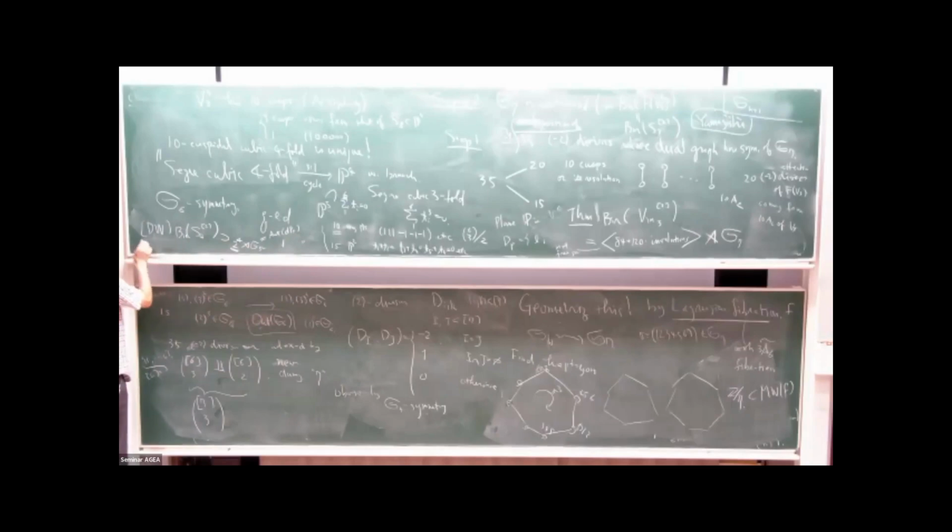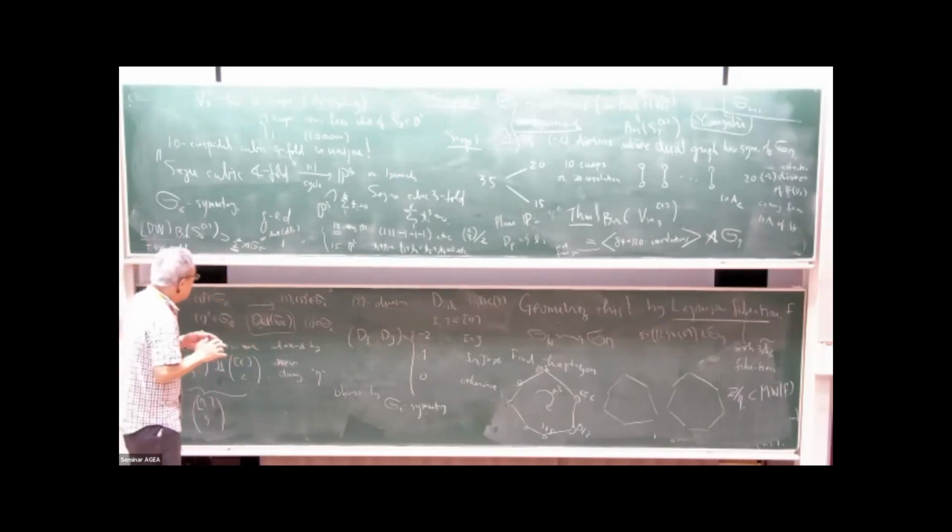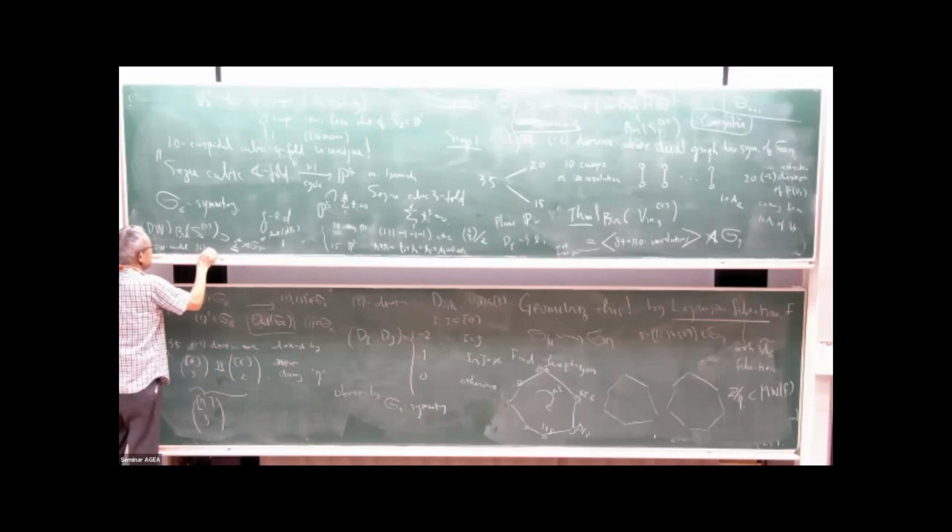They showed this by using the EPW model. They quite explicitly wrote down the equation of the sextic in P5, and this is the double cover, and the equation has this group of symmetry.